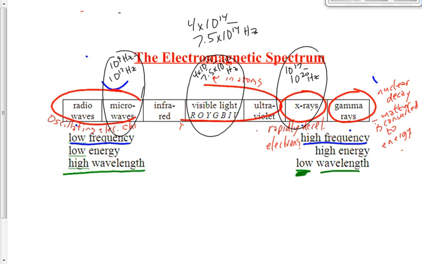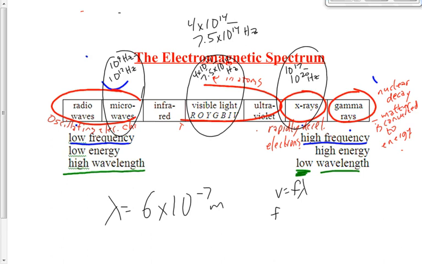Now, what if you're given a wavelength? What if you're told, hey, look, the wavelength of this EMR is 6.0 times 10 to the -7 meters. Does that mean we have to remember 3 different wavelengths as well? No. Figure out the frequency. From physics 20, you remember that v is equal to f times lambda.